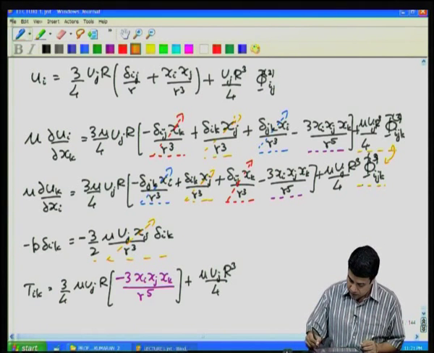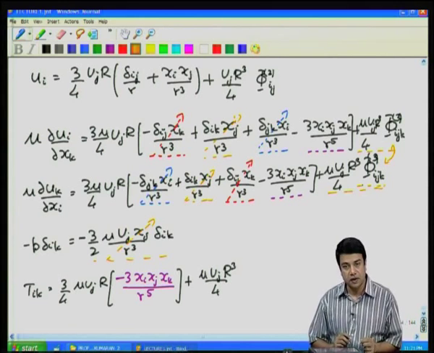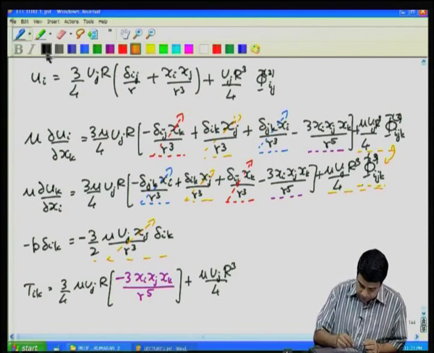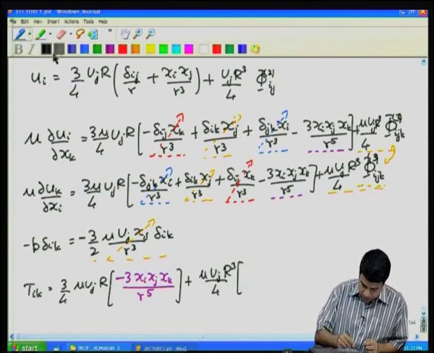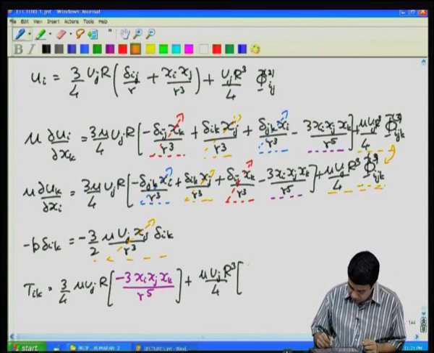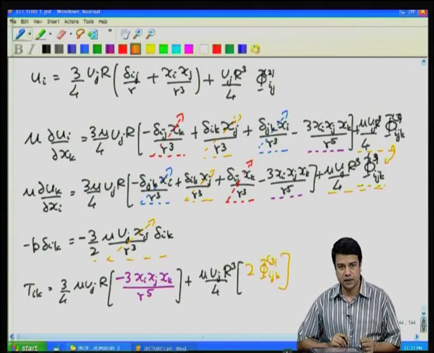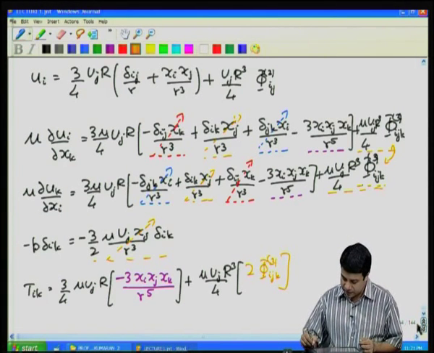These last two terms here, as I said, once again they are both identical. So, I just get two phi 3 i j k. So, that is the final expression for my stress tensor.